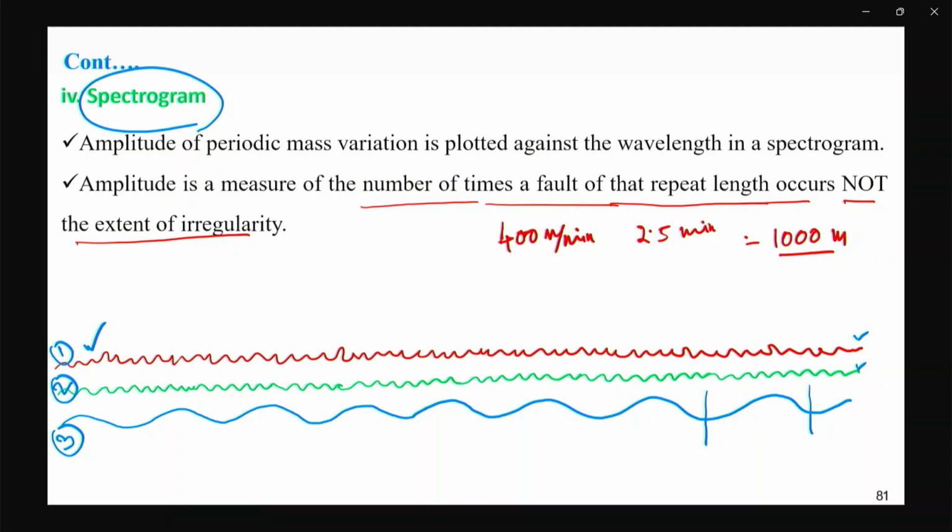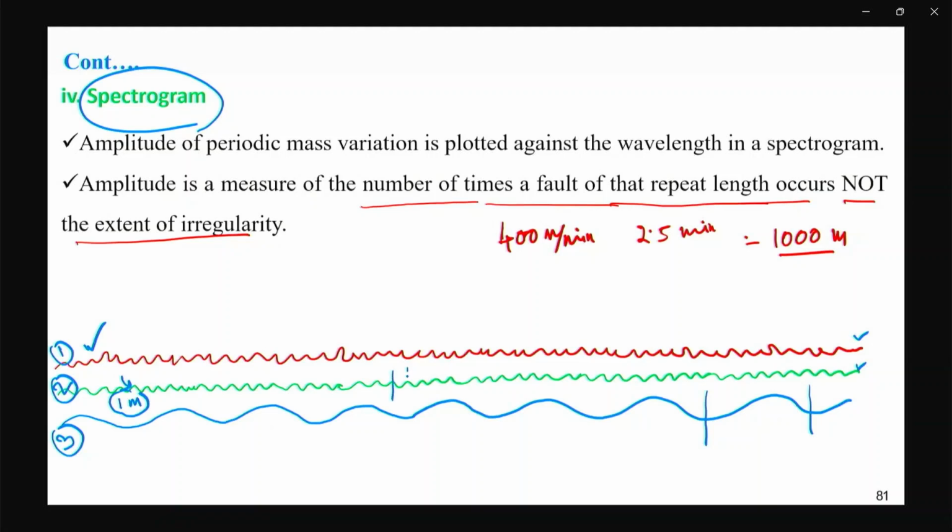The number of times the fault is generated should be 0. So we can consider N1, the number of times the fault is generated in case of yarn 1, as 0.